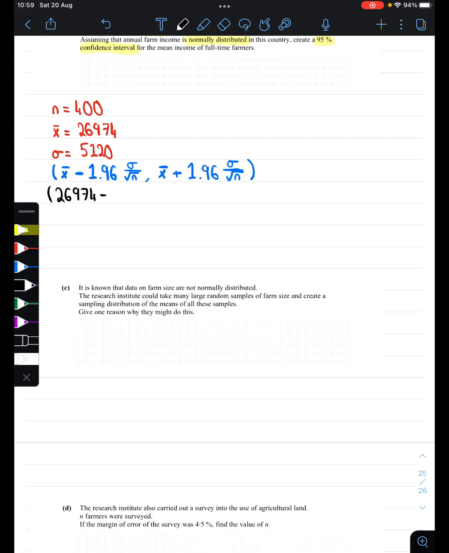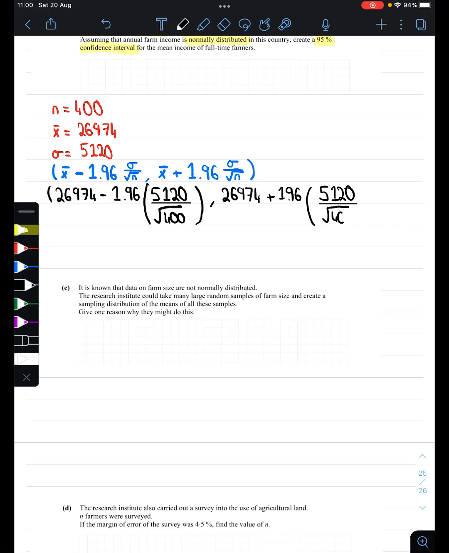And so now we can just fill this in very nicely. 26,974 minus 1.96 times 5,120 all over the square root of 400. And then 26,974, our sample mean, plus 1.96 times 5,120 over the square root of 400.